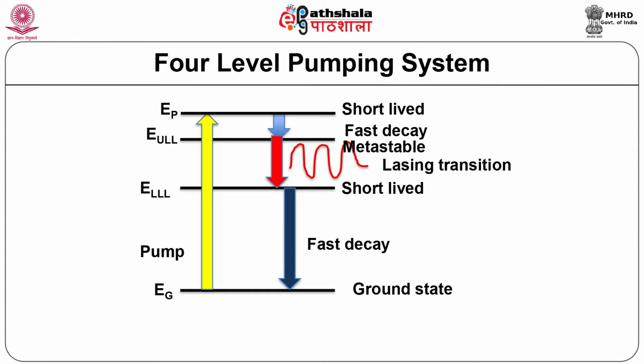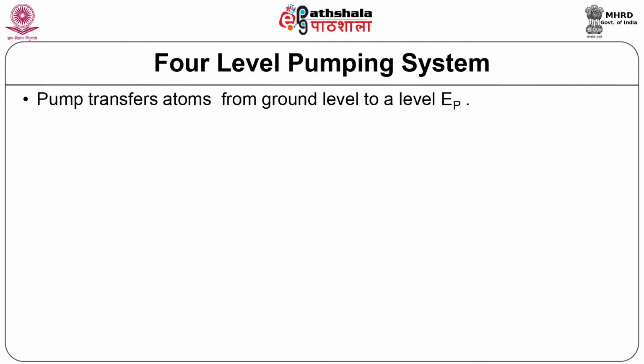A 4-level pumping scheme uses 4 levels of atom to produce the laser. The figure below shows a typical 4-level pumping scheme. In this scheme, the pump transfers atoms from ground level to level EP.